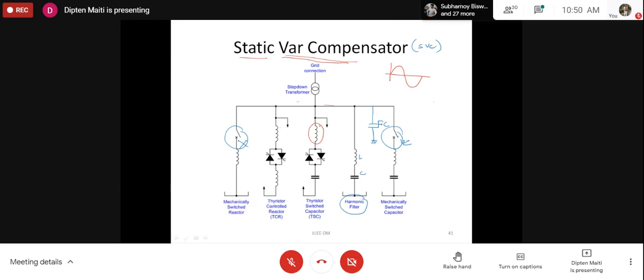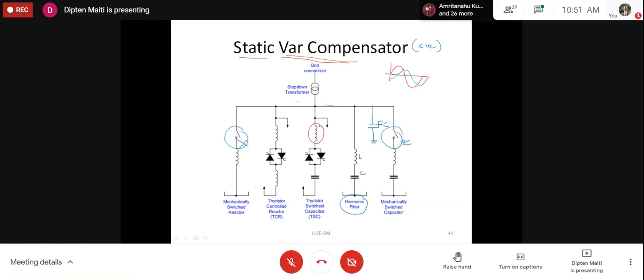Now if you turn on the thyristor at zero triggering angle, actually you need not do that, because there is an inductor, it would start drawing current at the 90 degree point of the voltage, because the current through the inductor would lag by 90 degrees. So you should turn on the thyristor at 90 degrees such that it can carry the positive half of the current. So the inductor current would look something like this, considering that you have turned on exactly at 90 degrees on both sides.